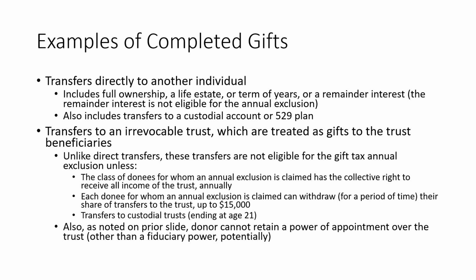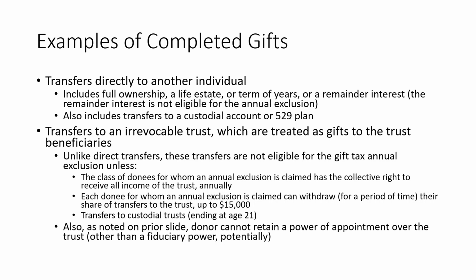So, unlike direct transfers, these will not be eligible for the gift tax annual exclusion unless either the class of donees for whom annual exclusions are claimed have the collective right to receive all income of the trust proportionally on an annual basis, or each donee for whom an annual exclusion is claimed can withdraw, for a period of time, their share of the transfers to the trust up to whatever the annual exclusion amount is, which is $15,000 right now. You can also make transfers to custodial trusts that end at age 21 for one beneficiary and get the annual exclusion as well.